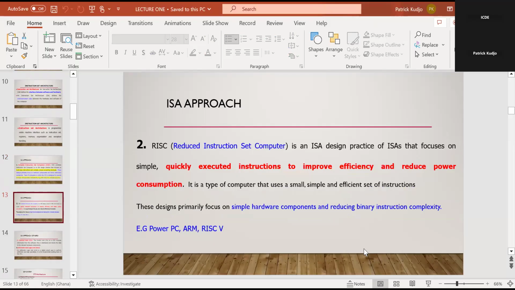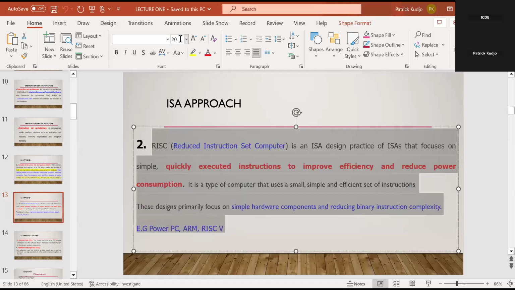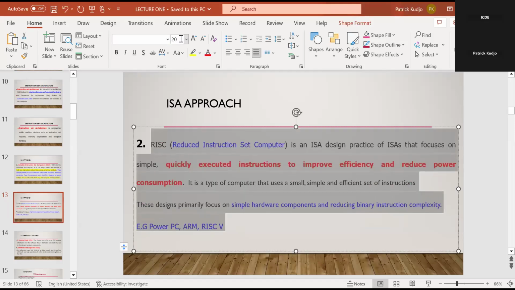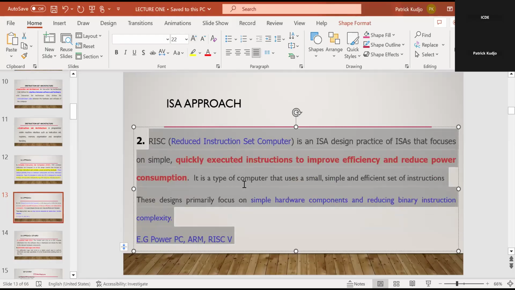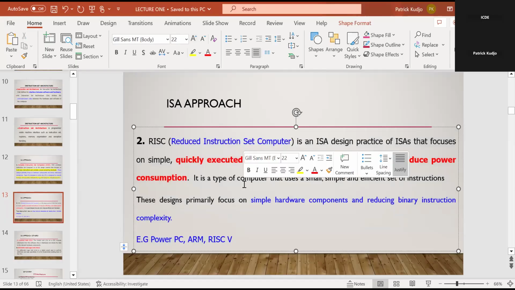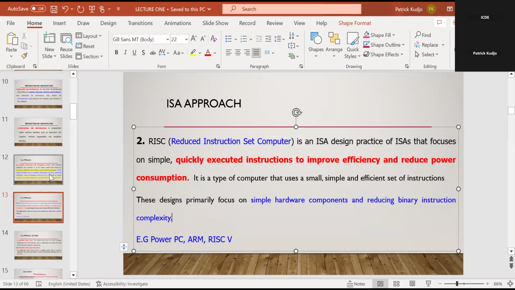Reduced instruction sets. If you look at it, that's going to be the reverse of the complex instruction set computer. They are focused on simple instructions. The complex is focused on what?